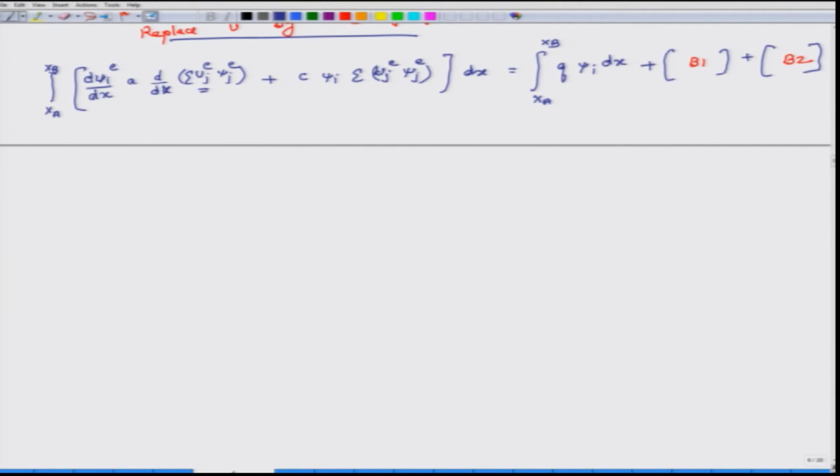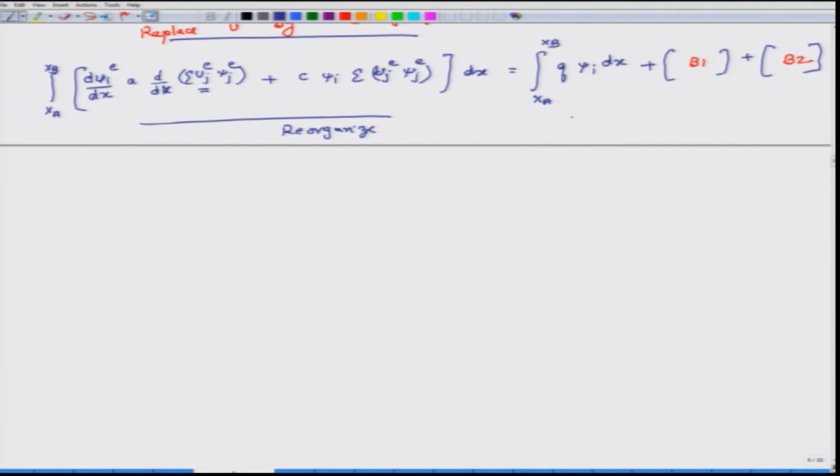Now uj's are unknowns, but they are constants. Psi j's are known functions. So, I will reorganize this thing. Once again, these are n equations.